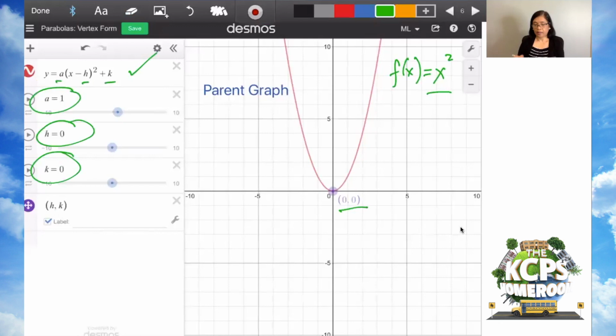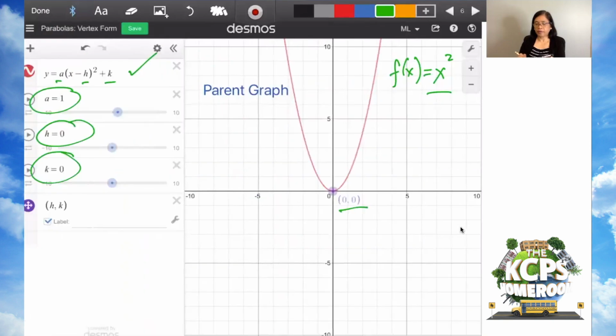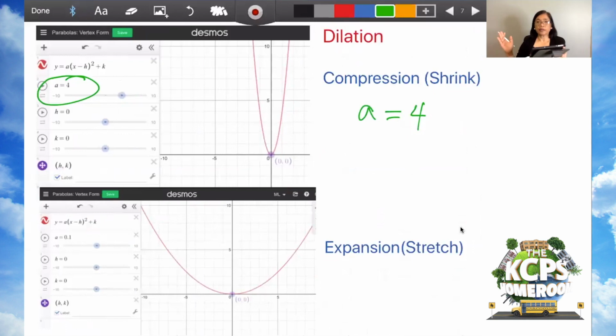Okay, this is our parent function again. So let's look at these two graphs and let's look at the parameters. When I change the value of a from 1 to 4, so in this case a is equal to 4, notice that the graph, compared to the parent function here, shrinks.